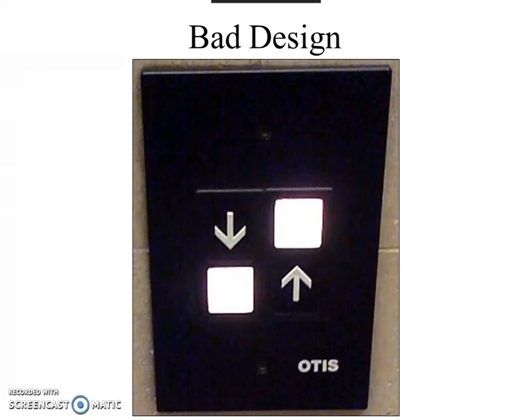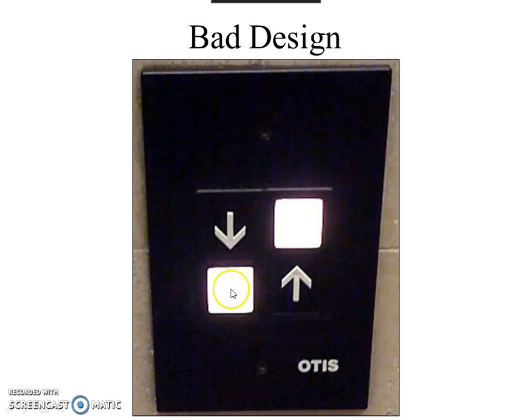Here is an example of a bad design. This is the push button that operates an elevator, and hopefully you can see the problem here is that there's a button here which might be associated with this arrow, or it might be associated with this arrow, and you don't really know. It depends on whether you read left to right or top to bottom. So it's not really clear whether this button sends the elevator up or down.